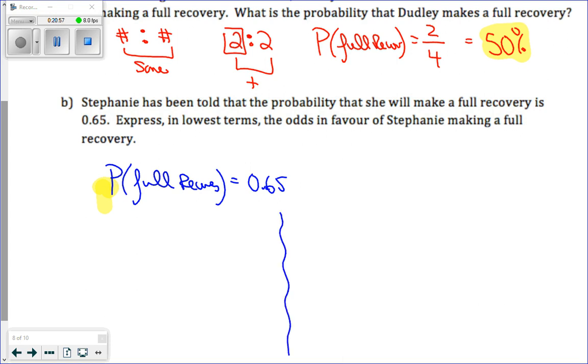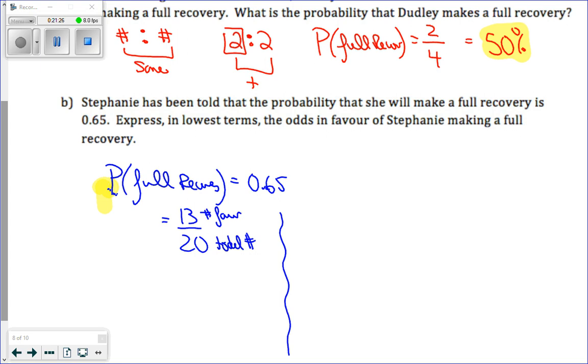For me, I like to put everything as a fraction. So on your calculator, go 0.65, math 1. I have no idea what it is in reduced form. Pardon me? 13 over 20? Okay. So this is the number of favorable. This is the total number. Why is it the total? Because it's probability.